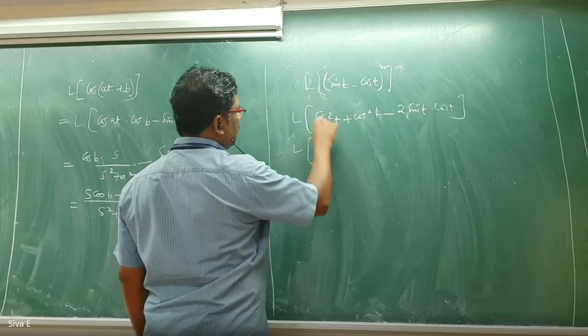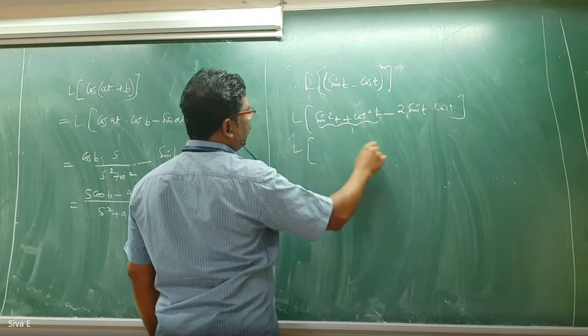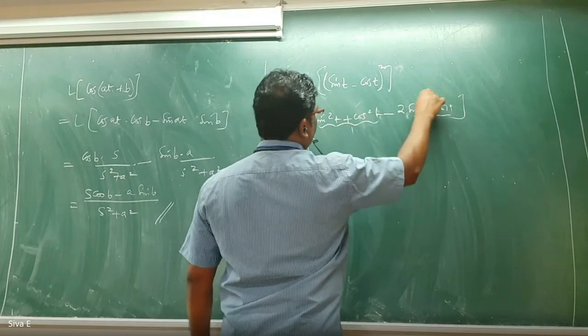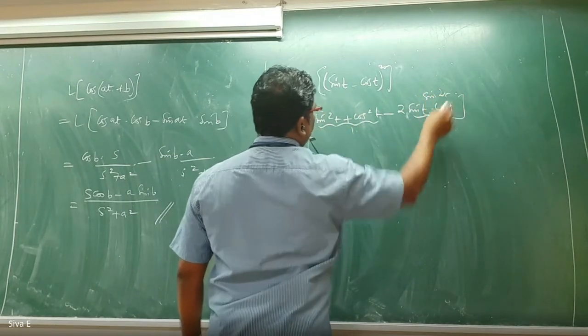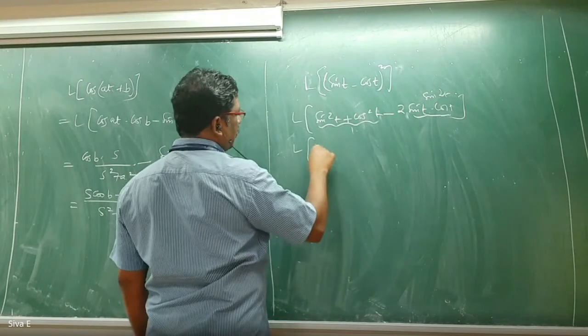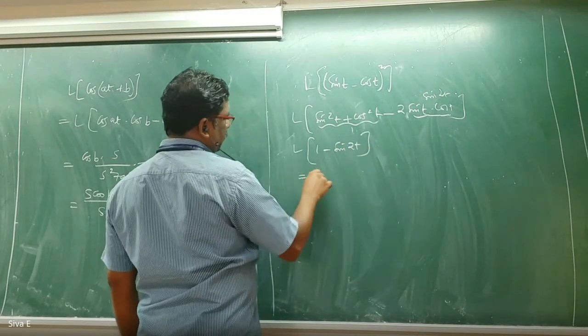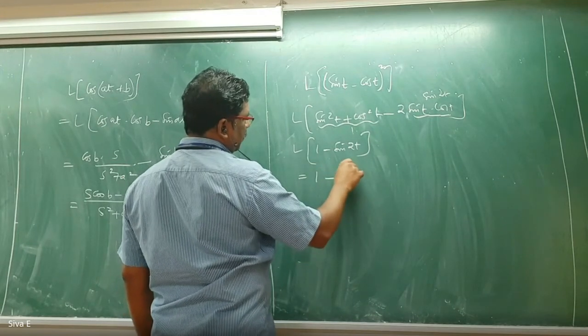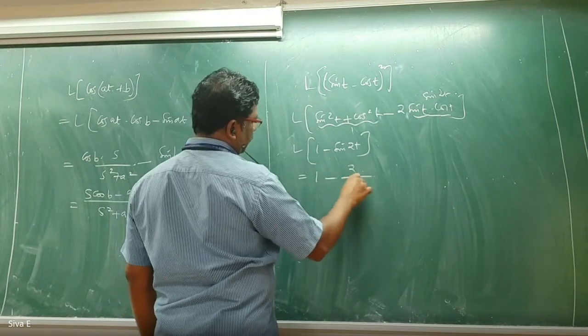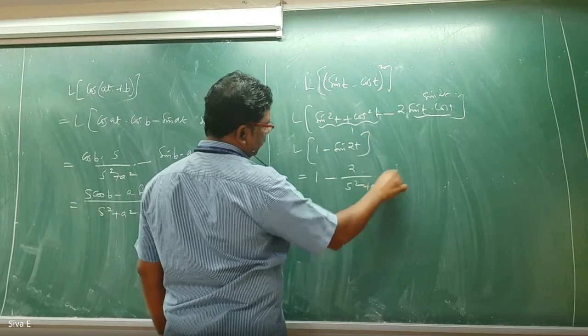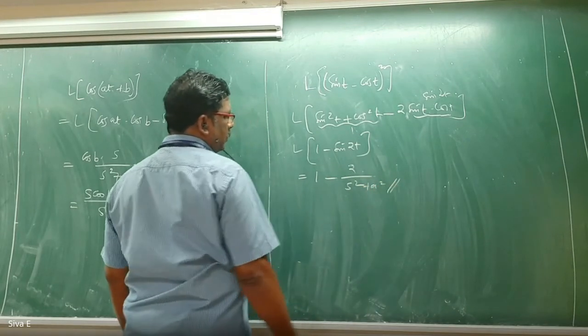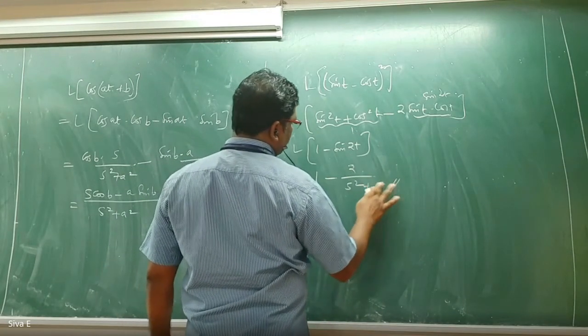The Laplace transform of sin square t plus cos square t is that of 1, and 2 sin t cos t is sin 2t. So 1 by s minus 2 by s square plus a square, where a square is 4 here.